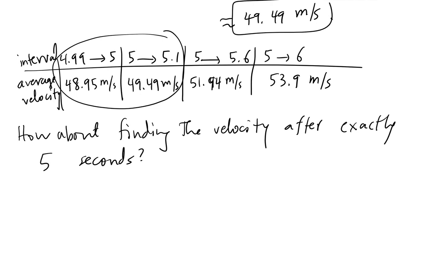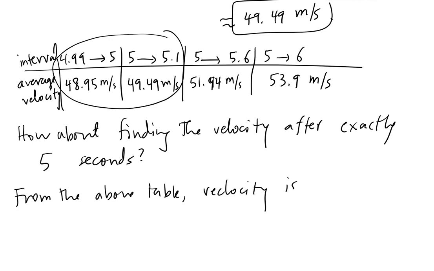When we went a little bit above 5, to 5.1, it was 49.49. We can guess from the table above that the velocity is 49 meters per second at 5 seconds.